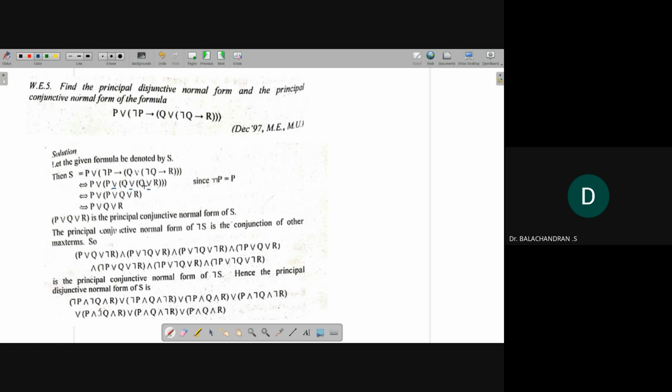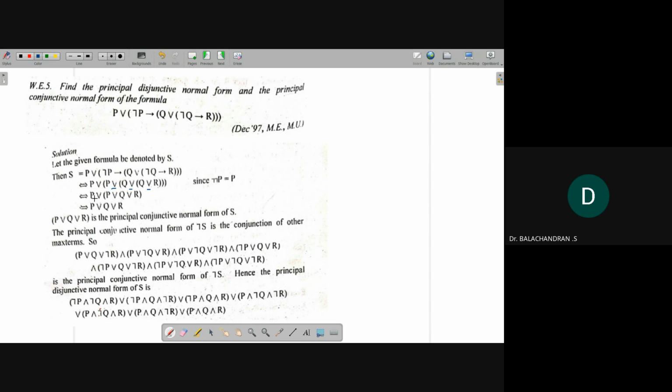Here you have Q or R. Q or R is Q. The first term P or, here P or Q or R is Q or R, Q is Q or R. Now again everywhere R. So P or P is just P. So P or Q or R. So this is a product of sum.